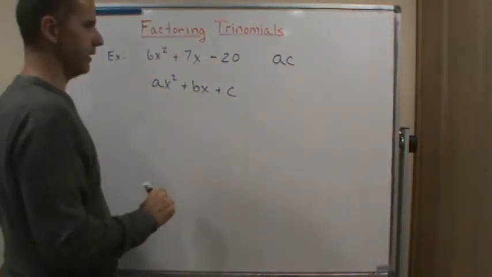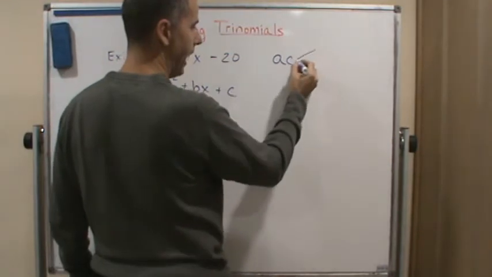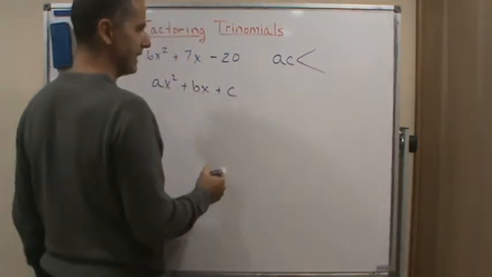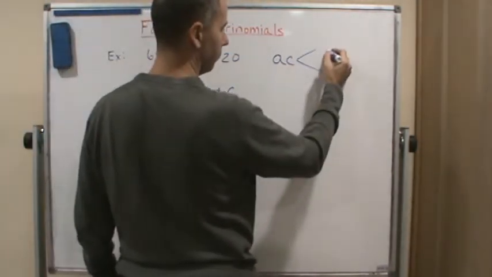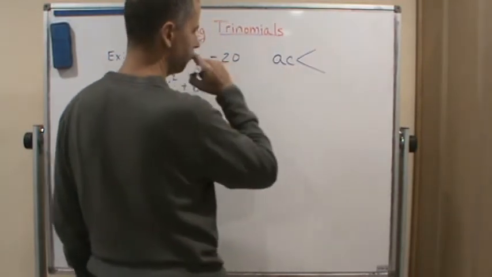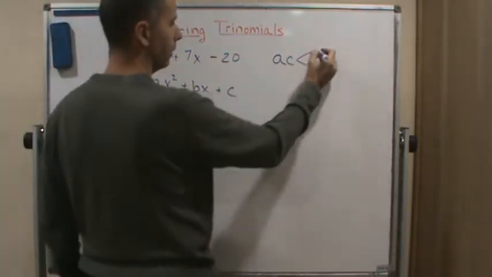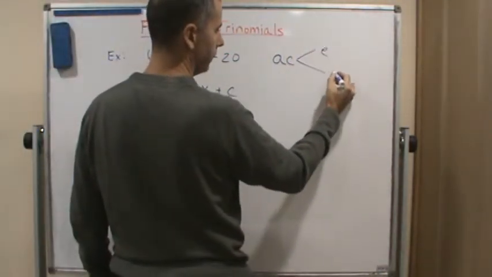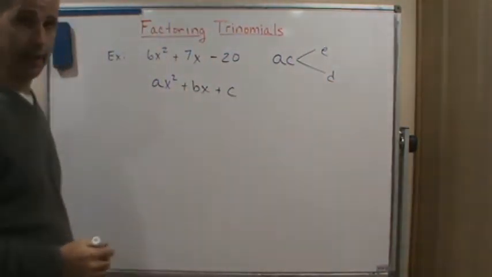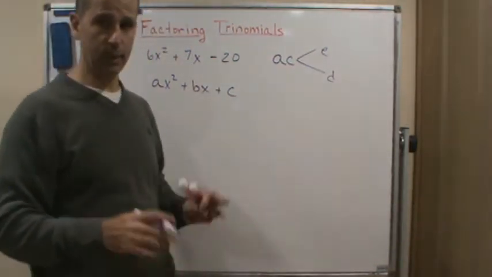We want to find two factors of AC, let's call them E and D. They don't have to be the same factors, maybe they are, maybe they're not.